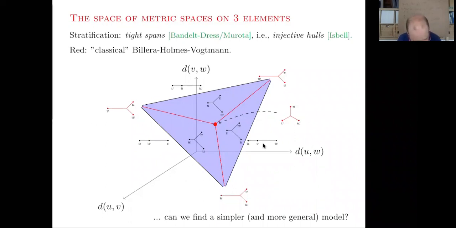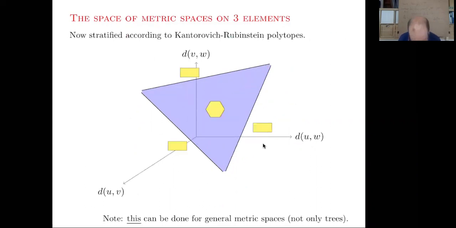So, turns out that for 3-element spaces, it's always the same cone, right? The metric spaces are always the same set of metric spaces.